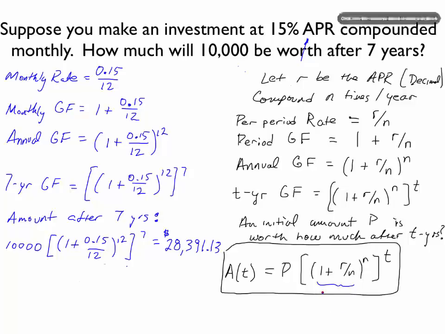And then we have that thing to the n. What's that? You multiply that together n times, you get another growth factor. That's the annual growth factor. And then if you multiply that together t times, you get another growth factor, the t-year growth factor. So this compound interest formula, many of you may have seen before, now you understand what it means. It's all about growth factors.